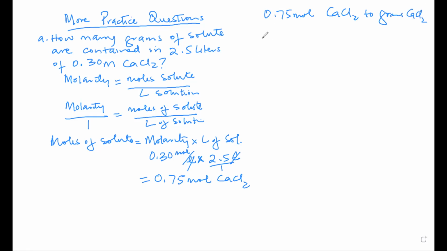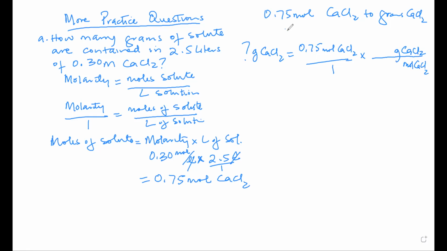Grams of calcium chloride will be 0.75 mole of calcium chloride over 1, times grams of calcium chloride on top and 1 mole on the bottom.